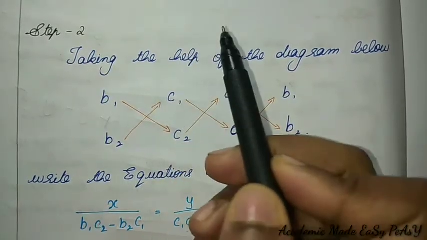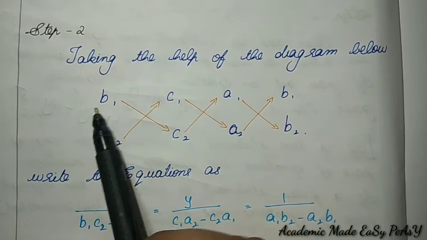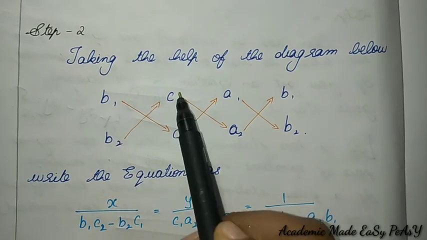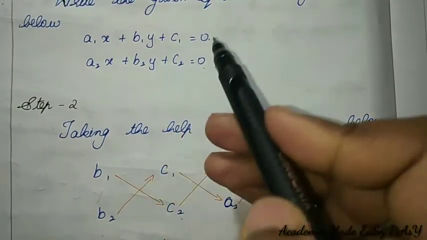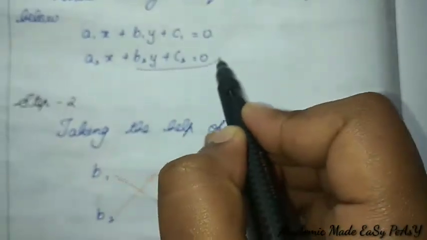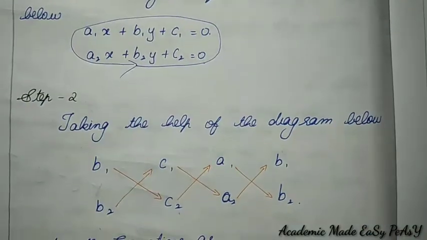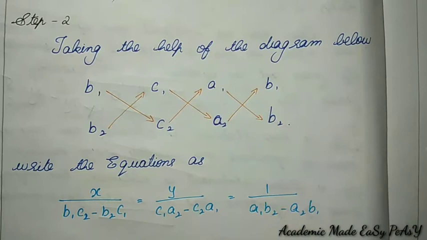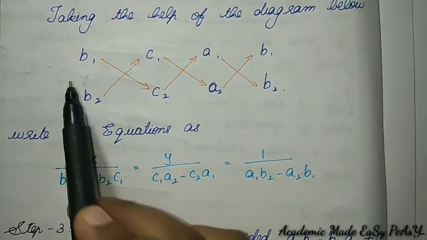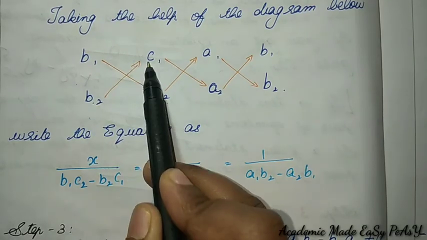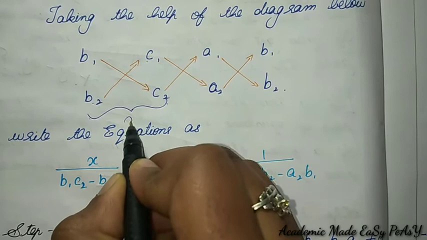In step 2, we will be using the diagram in order to cross multiply. As I said, b1, b2, c1, c2, a1, a2, b1, b2. We go in a circle like this and end at the same place. We cross multiply, that is b1 c2 minus b2 c1 for x, so this first term is for x.